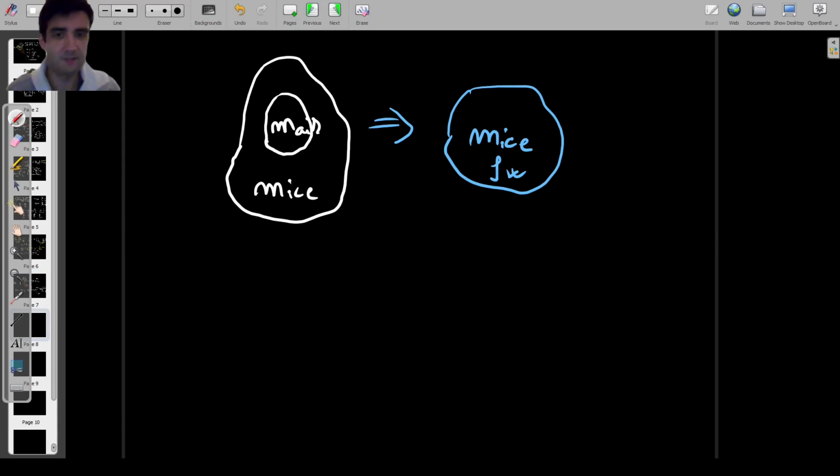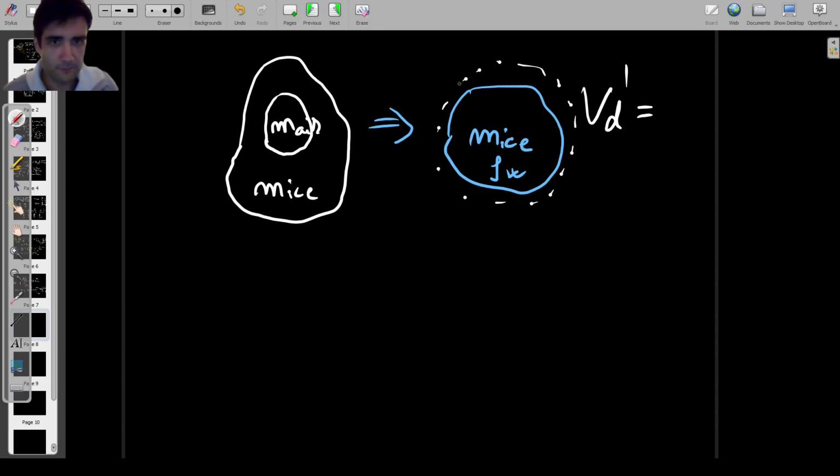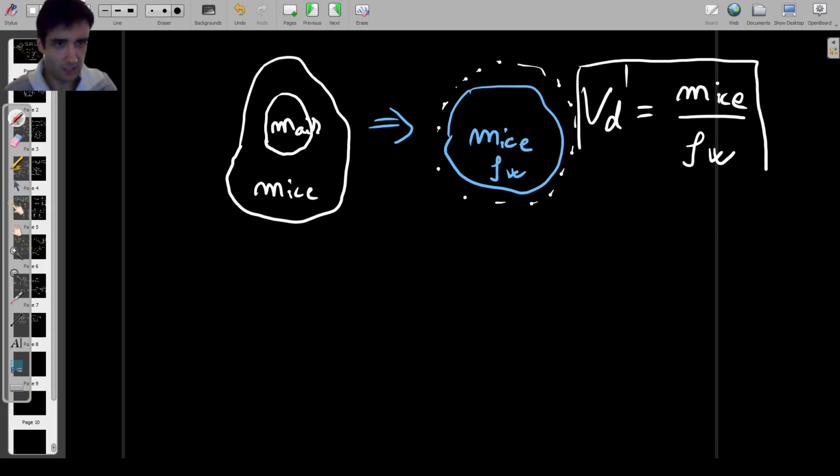So the mass of the air is no longer going to be a part of the problem from this point onwards. So then the volume of the displaced water in the second case is just going to be the volume of the resulting water, which is the mass of the ice divided by the density of the water, like that. Okay, and we'll call this 2.